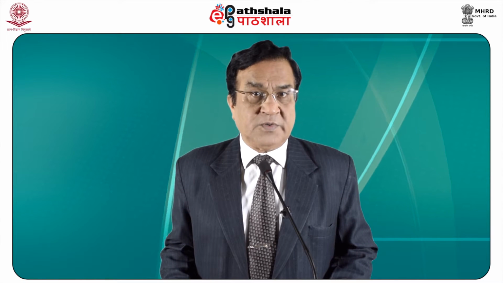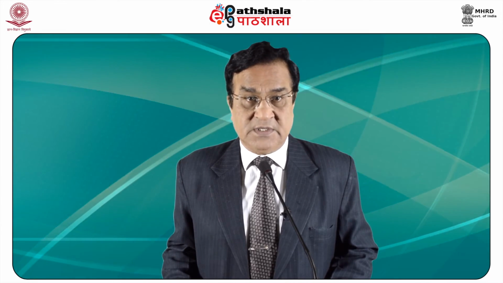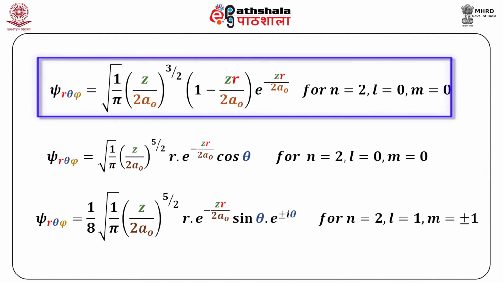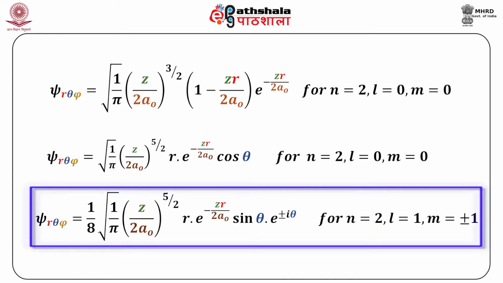If we really want to write down the total electronic wave function for other orbitals, we can write them, and as these are shown here, we can write for 2s, then we can also write this expression for 2p, and then we can also write it for 2p plus 1 and 2p minus 1.